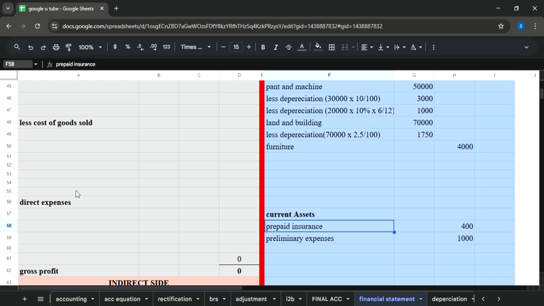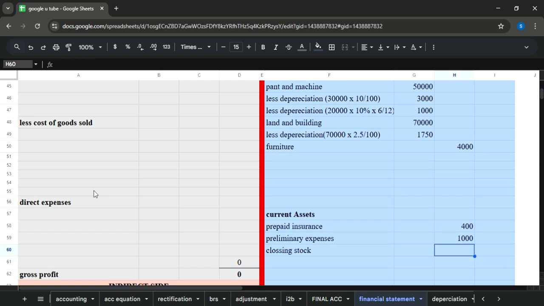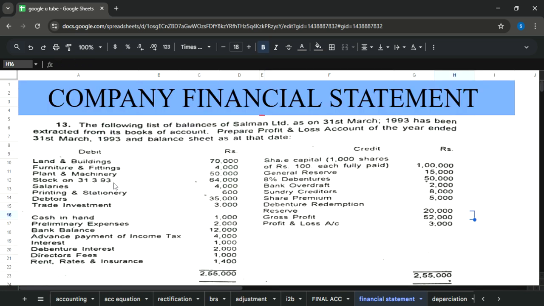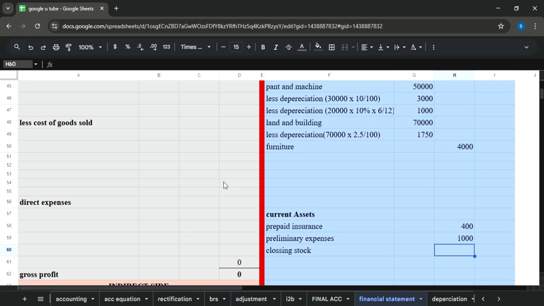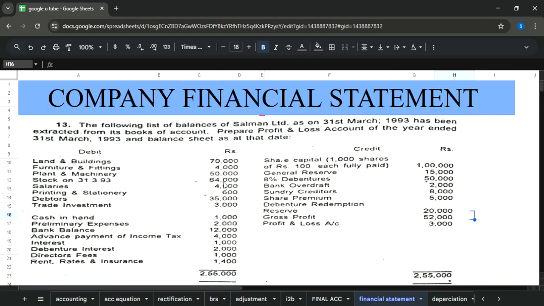We will go to current asset side, and here we will mention closing stock, and amount of closing stock present over here is 64,000. All right. So just write down 64,000 in current asset side, and there will not be any second effect.